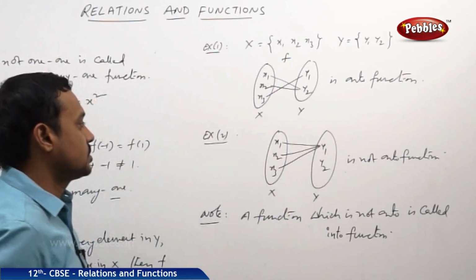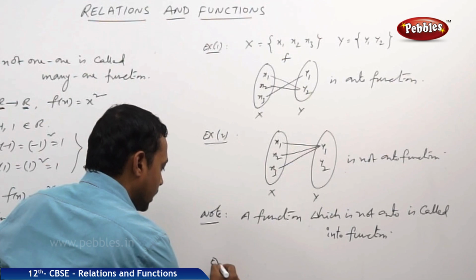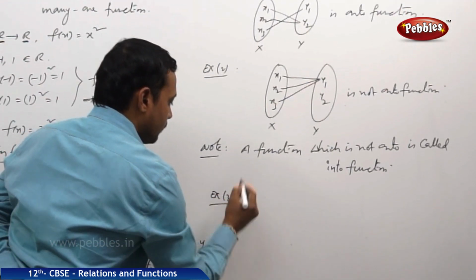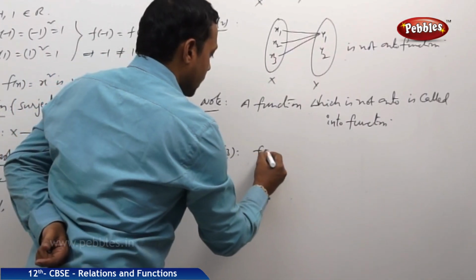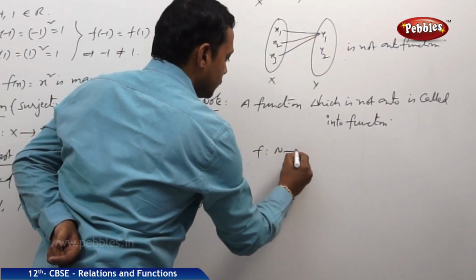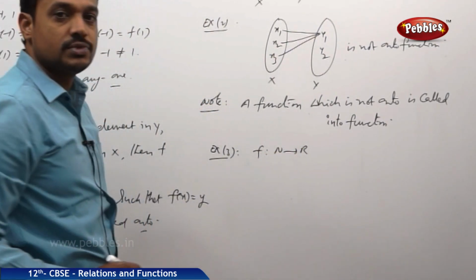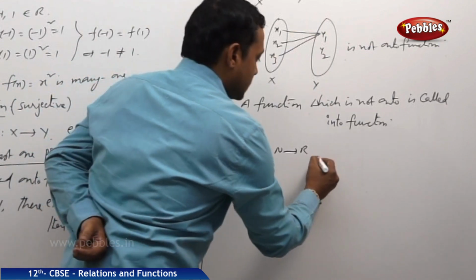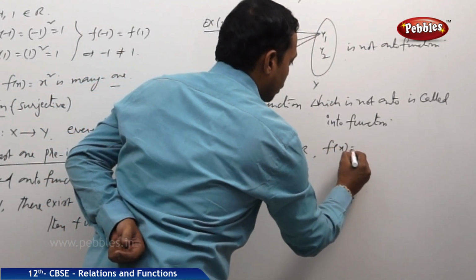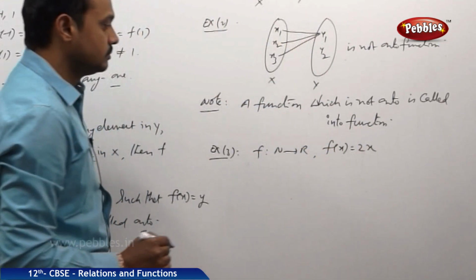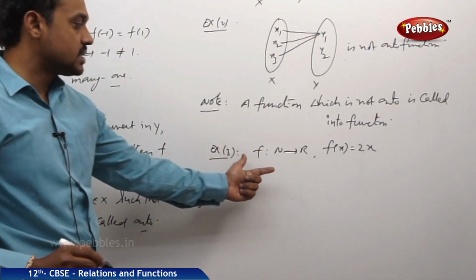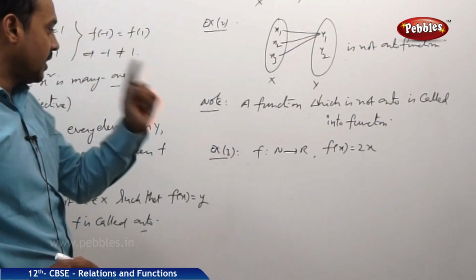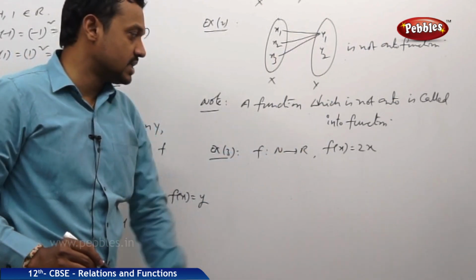Right. Now, take one more example. Suppose f maps N to R, set of natural numbers to set of real numbers, such that f of x is equal to 2x. Already we verified this same function in the previous definition. Clearly it is 1-1 function.